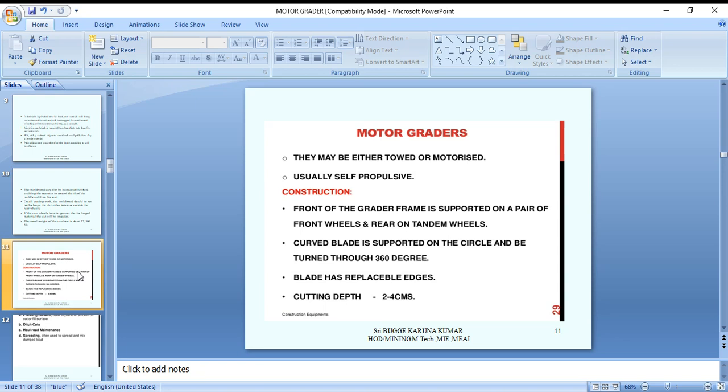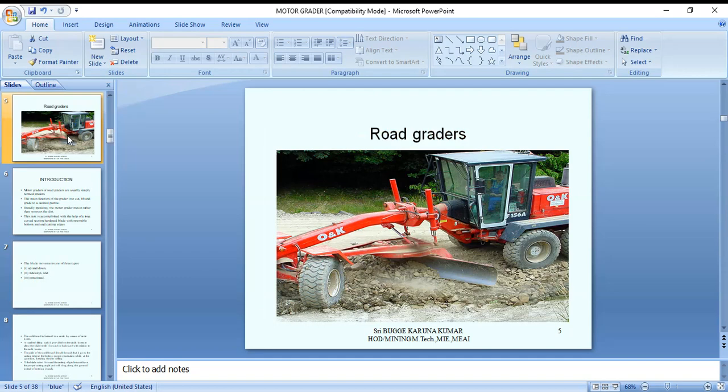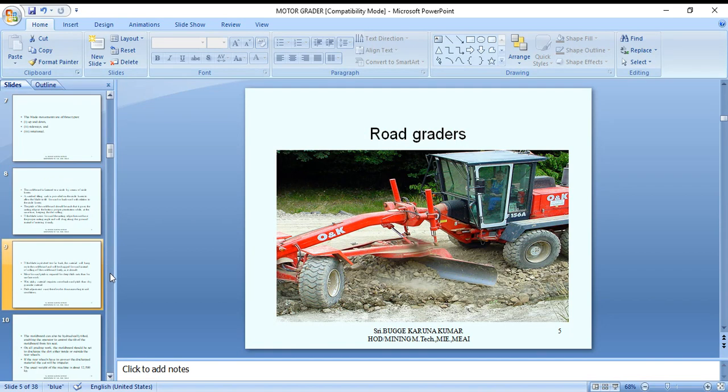The cutting depth is 2 to 4 centimeters, a very small amount. So the blade can be replaced: if any wear happens, the edge can simply be removed and replaced with a new one.